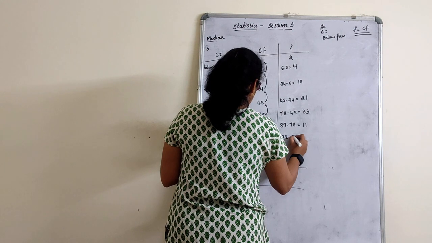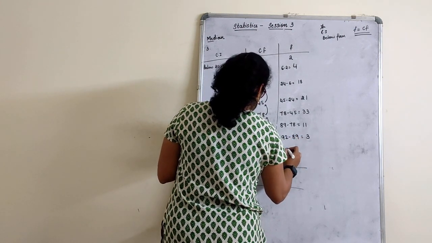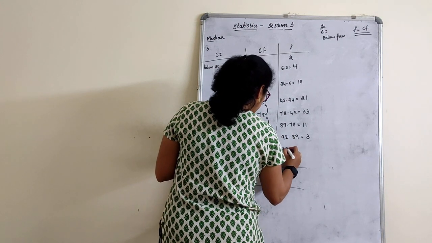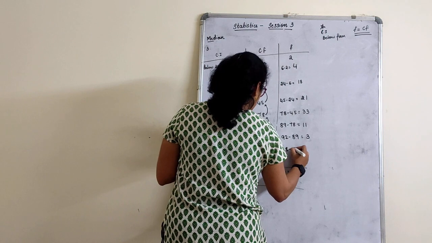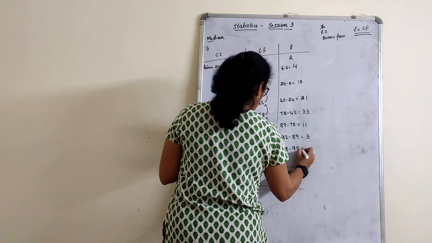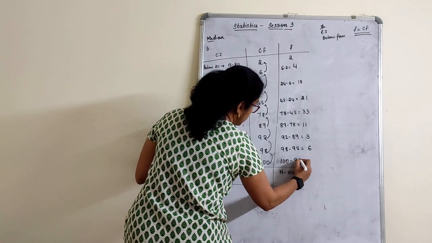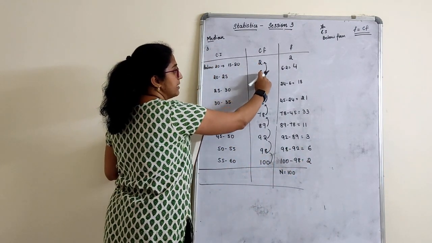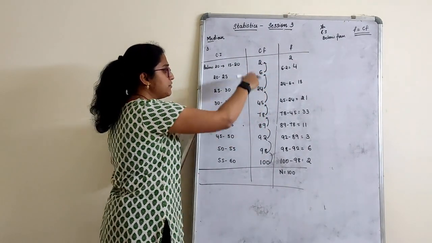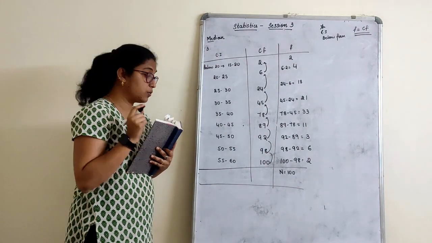Next, 92 minus 89, that is 3. 98 minus 92, 6. 100 minus 98, 2. First term as it is. Next term is 6 minus 2, and so on. I have just given the arrow marks for you to understand. This is how we calculate frequencies.